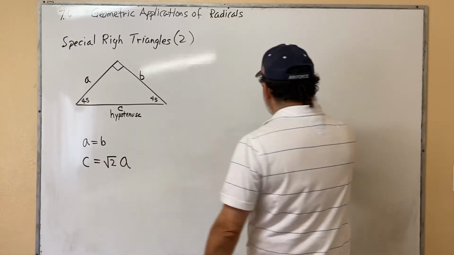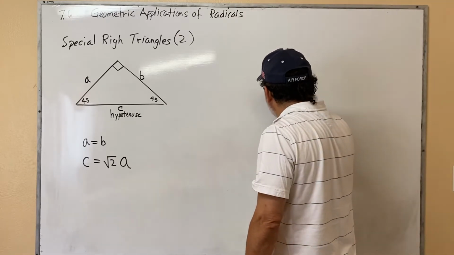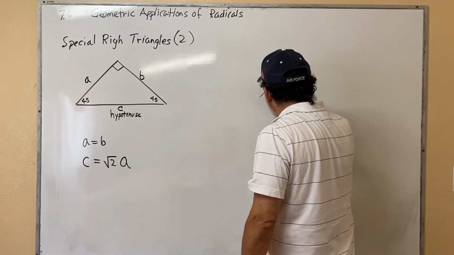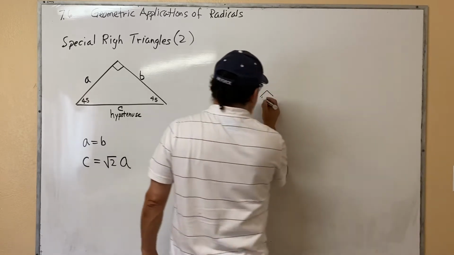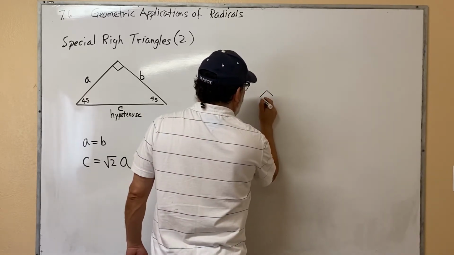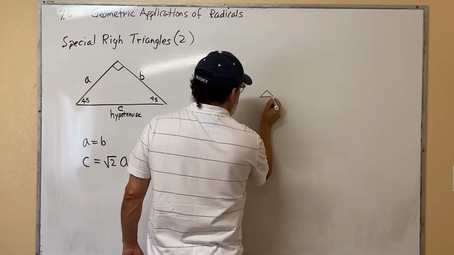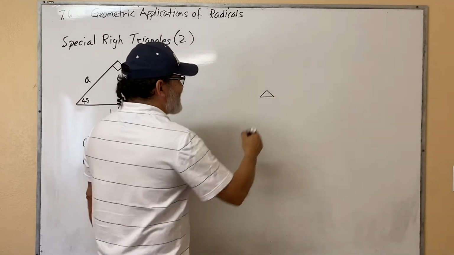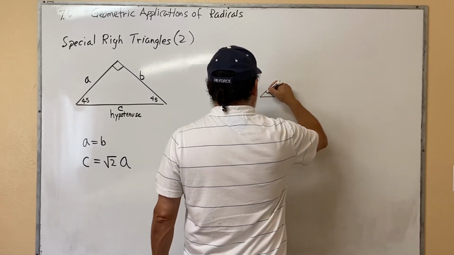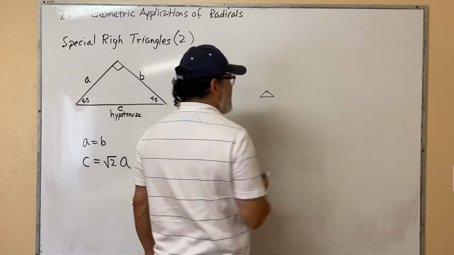All right. Watch this. Suppose I draw a very small isosceles right triangle. There you go. This is 90. I don't know if you can see it.